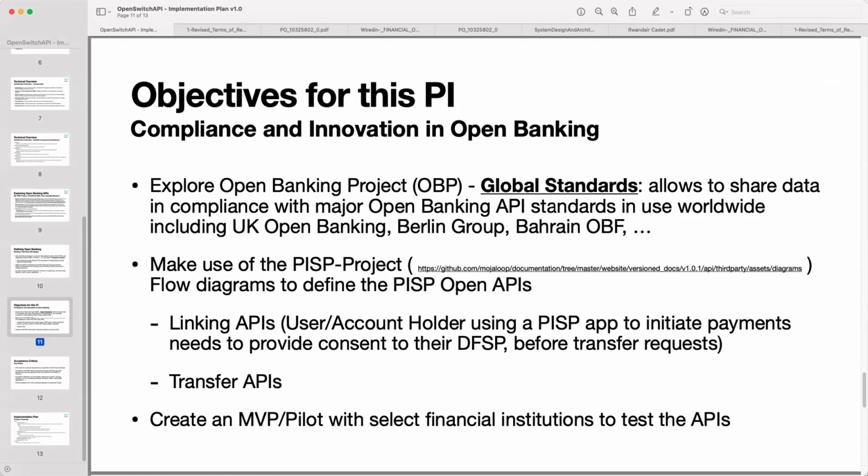Well, I think they would say it's not to do with payments. So all kinds of correspondent relationships between banks, relationships between PISPs and DFSPs, which for them means banks, they don't see as part of the remit of ISO 20022. Well, perhaps we need to discuss that with them because it's about setting up a payment.